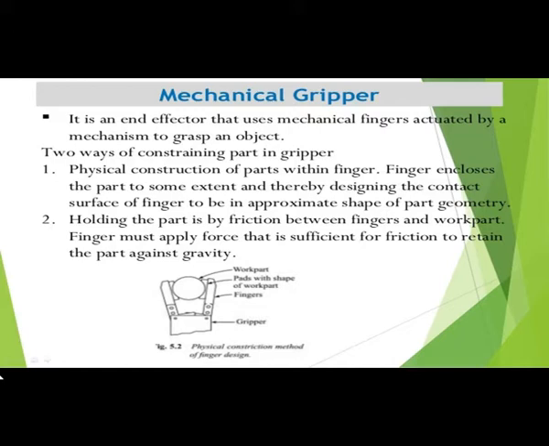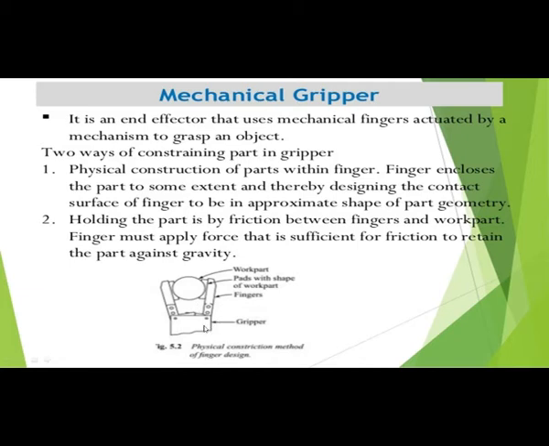There are two ways of constraining a part in the fingers. The first is physical construction: the finger encloses the part to some extent, thereby designing the contact surface of the fingers to be in approximate shape of the part geometry. Holding the part is by friction between fingers and work part. The fingers must apply a force. This is the physical construction method of finger design.